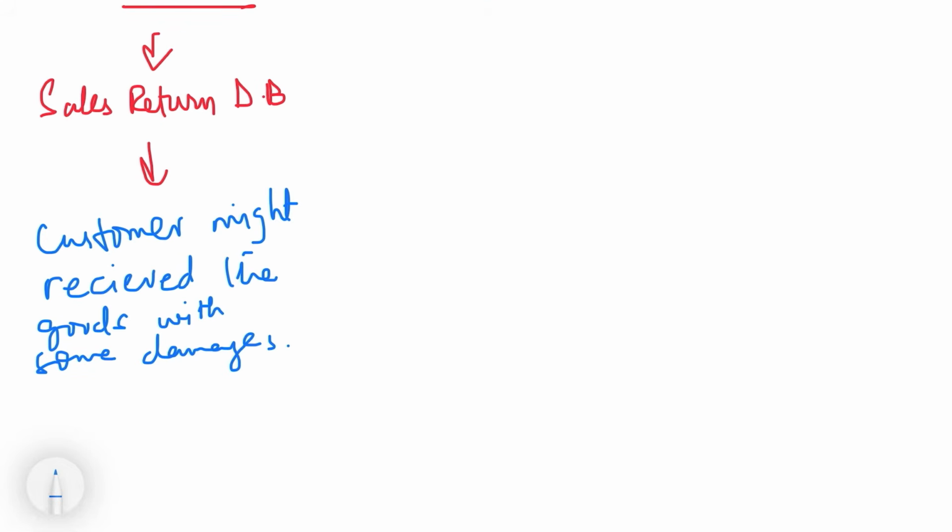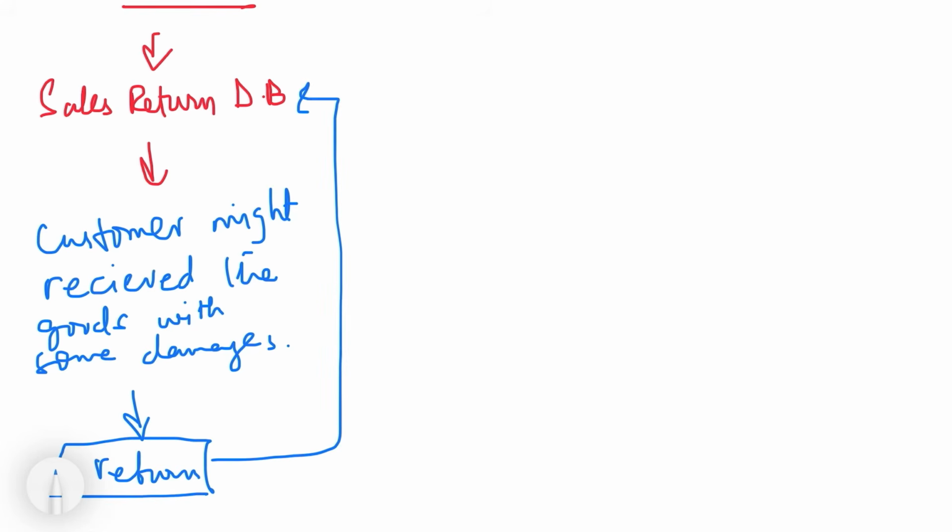So of course he will return them to us. Those returns are recorded in the sales returns day book with that customer's name, right? ABC customer. That customer's name is going to be mentioned in that sales returns book.